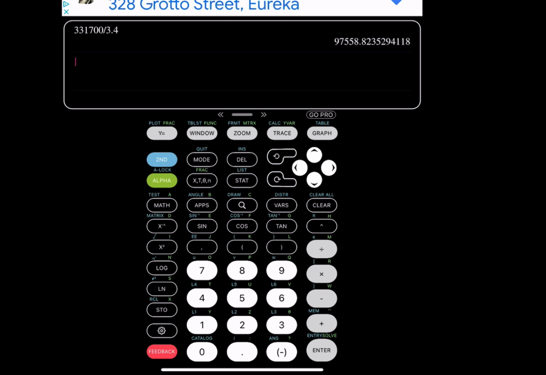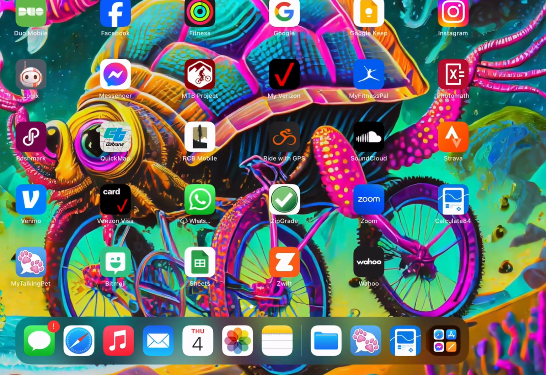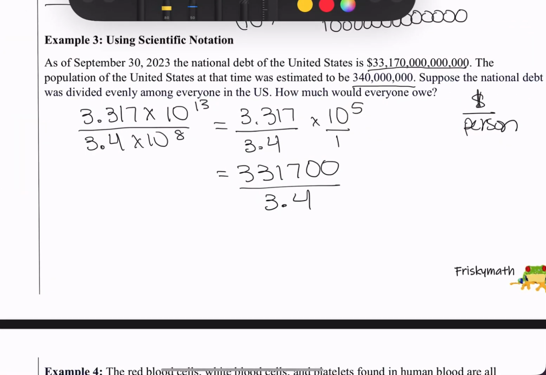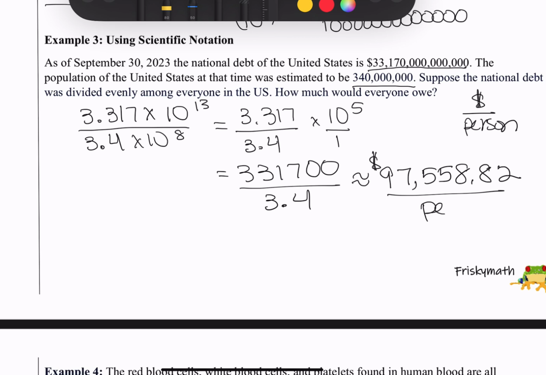So I have $97,558.82. I don't have that much money to pay, so I don't think I'm going to be able to help you guys out. So $97,558 and about 82 cents per person.